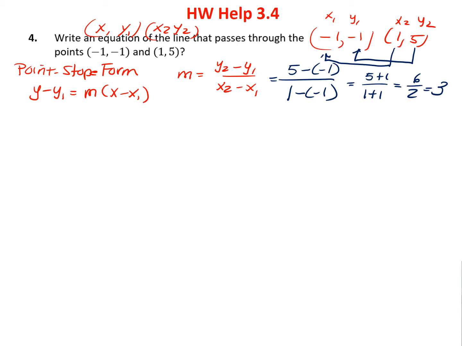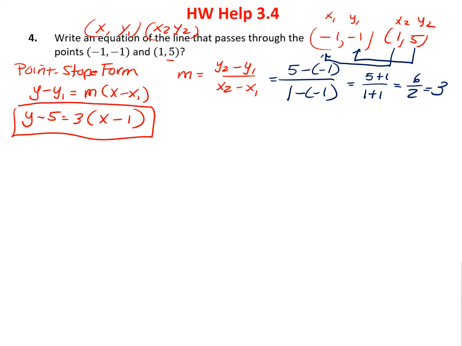So that's my slope. At this point, I can plug in one of these points. For example, I could plug in the second point, just so that I don't have a bunch of negative numbers. And I could say, okay, y minus 5 equals, my slope is 3, times x minus 1. So that would be an equation.